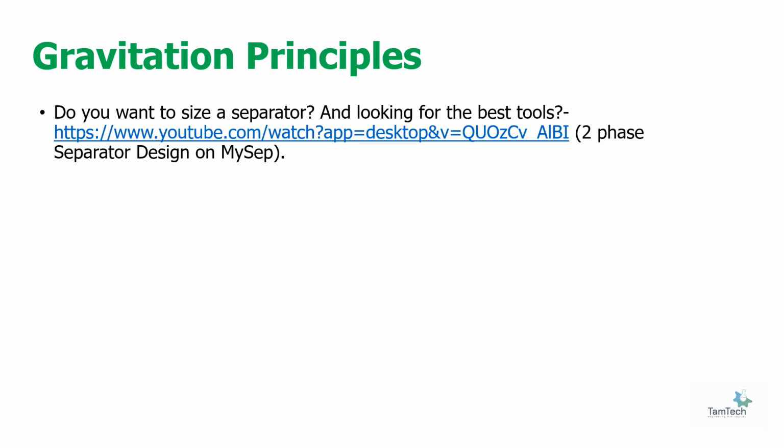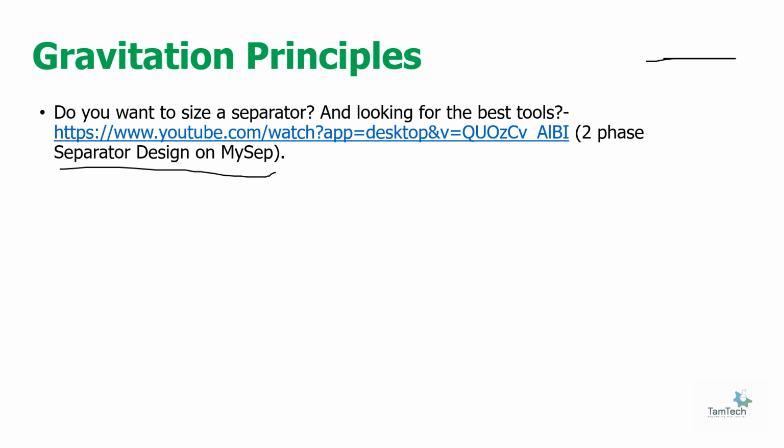But normally on the search engines, you can look for different sizing tools, like an Excel worksheet, and you can use it. But in general, MySep design for two-phase, three-phase, vertical or horizontal, is very useful and very close to the real values. I'll add a video link here and you can watch it later.